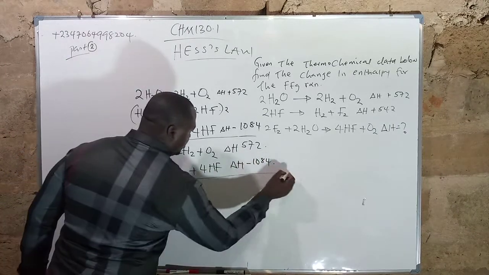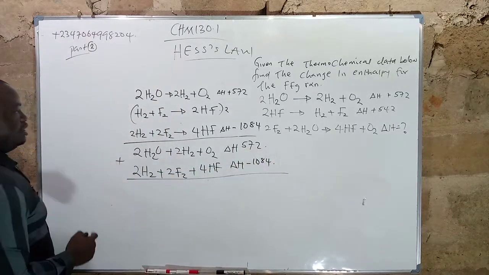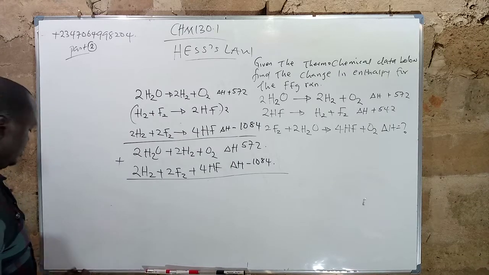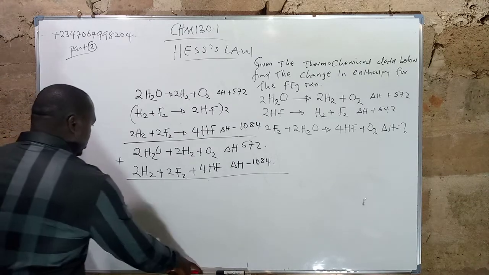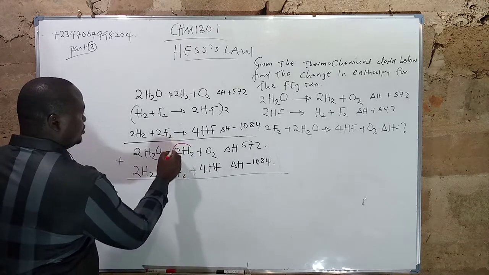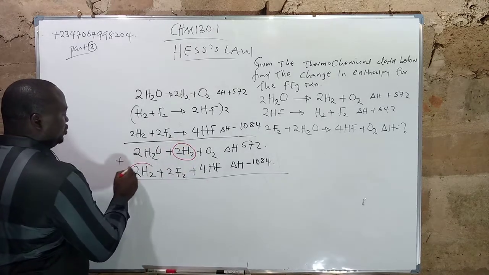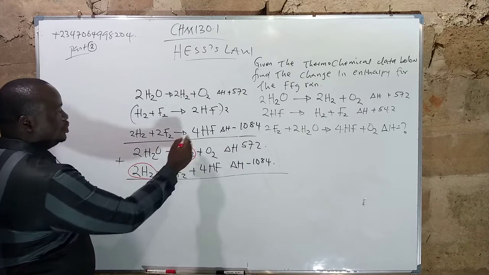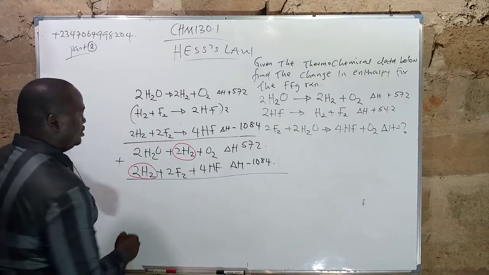Now the next thing we are going to do is add these two, but before we add, we have to cancel out. Look at this very well. The hydrogen in the first equation and the hydrogen in the second equation will cancel out.